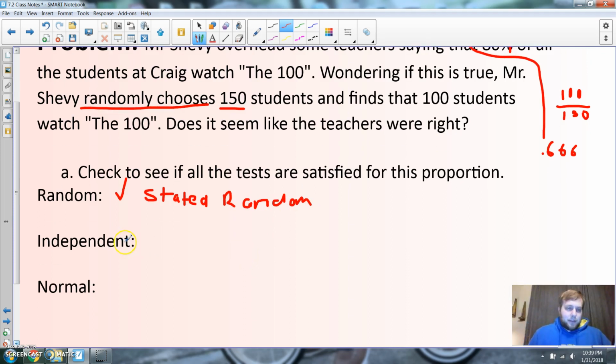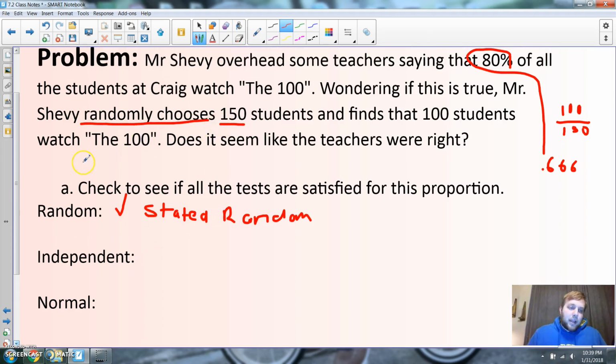Is it independent? Remember, this is the one where my n has to be less than 10% of the population. Well, everybody knows Craig has 1,700 students. That is the total population, big N. So, if I asked 150 students, is that less than 10% of the population?